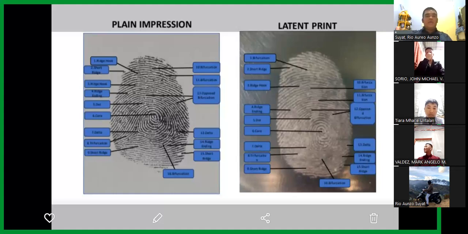Then number 5, of what value are the minutiae in fingerprint identification? These are used to determine the uniqueness of the fingerprint.